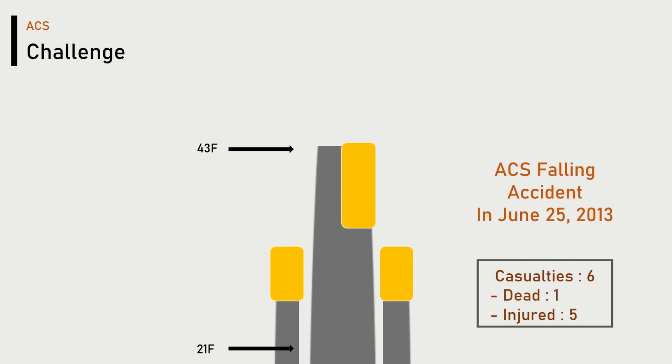ACS was basically a globally proven system that was very safe for high-rise work, but it was an event that showed that a moment of carelessness at the workplace could cause fatal accidents during construction.